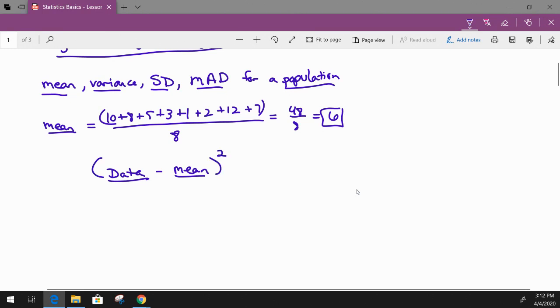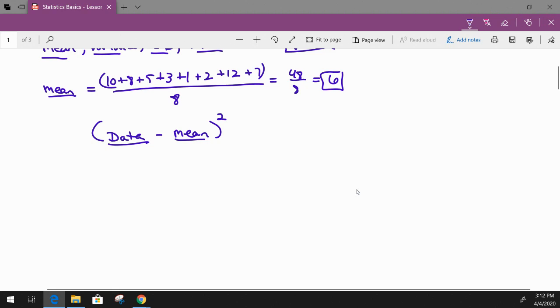I do recommend that you order your data from smallest to largest. So my smallest piece of data is 1, and my next smallest is 2. The next one is 3.